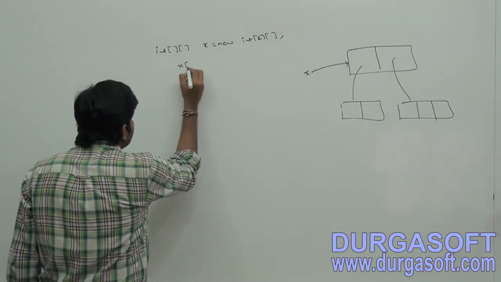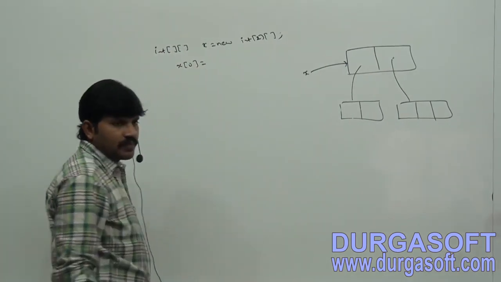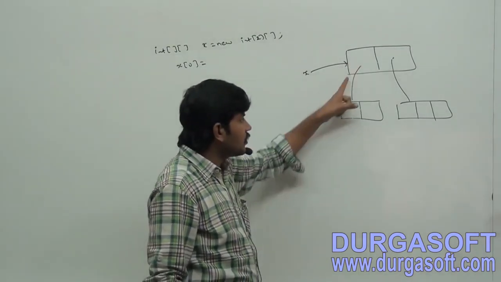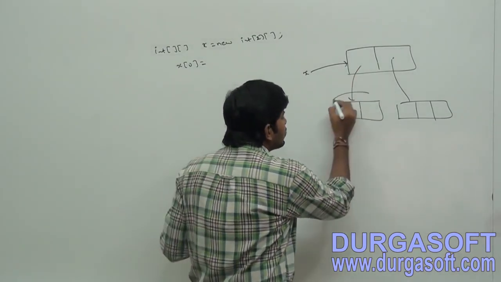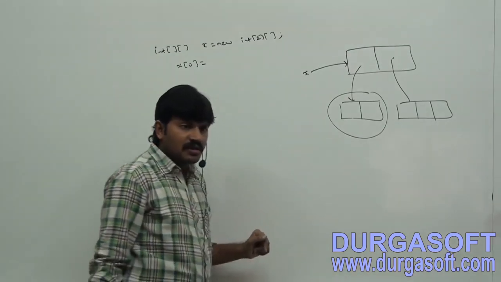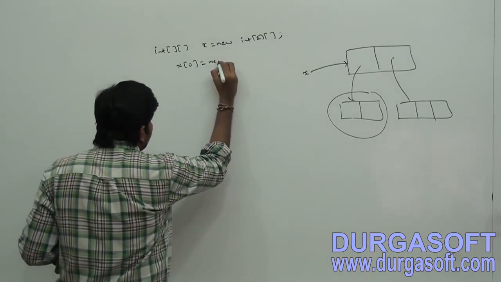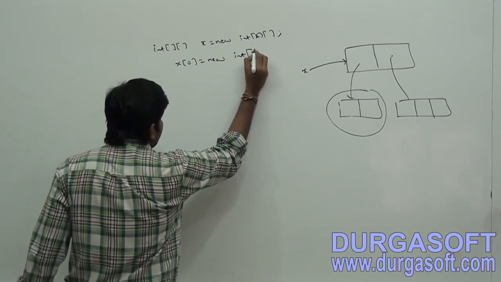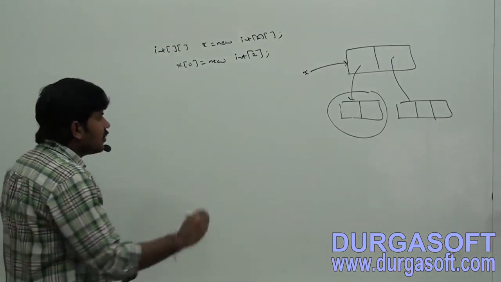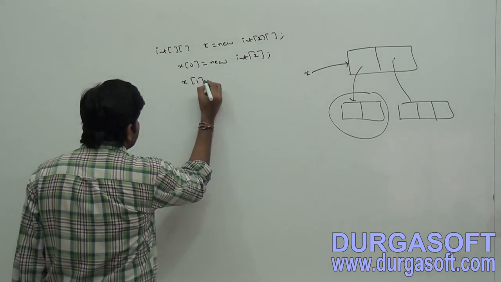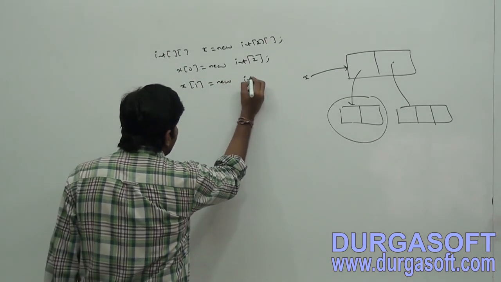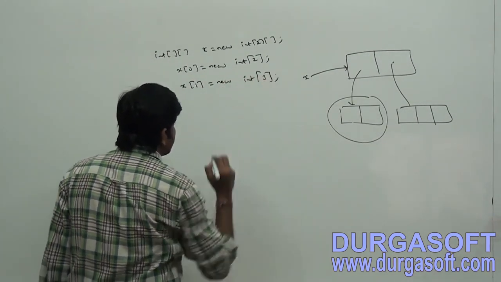Sir, x of 0 is nothing but this one. Can you tell what x of 0 is? A one dimensional array with the size 2, new one dimensional array with a size 2. Next, x of 1 is equal to new one dimensional array with a size 3.